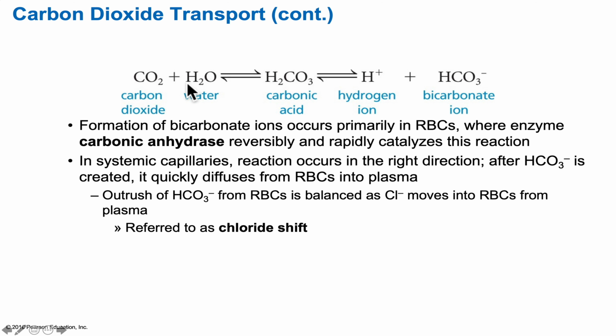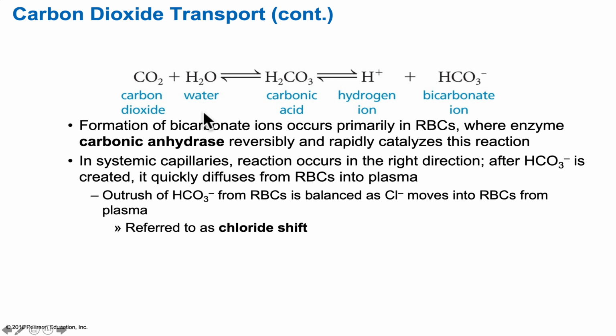So when we look at this equation up over here, carbon dioxide and water forms carbonic acid. Carbonic acid dissociates into hydrogen and bicarbonate. And again, this is reversible. So bicarbonate and hydrogen can turn into carbonic acid, and carbonic acid can then dissociate into carbon dioxide and water.